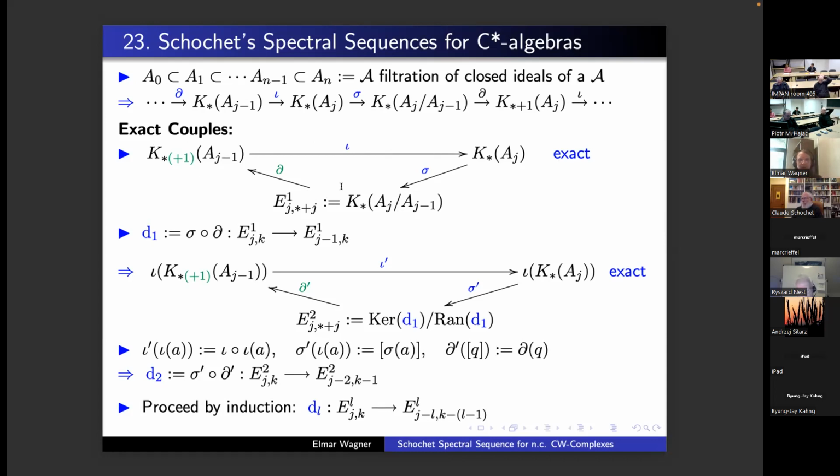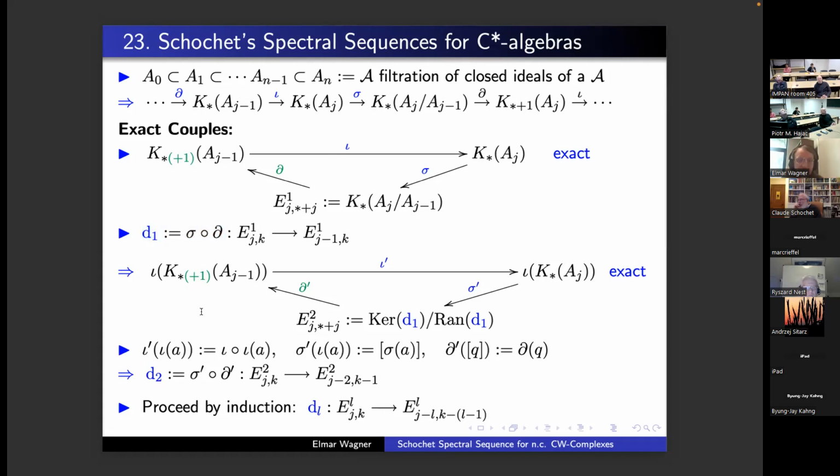The first page we define as the K-theory of the quotient, and the differential skips this injection. We go with a boundary map and immediately to the quotient. That gives us the first page and a very explicit description of D1.